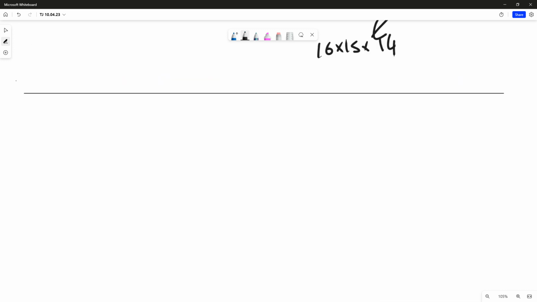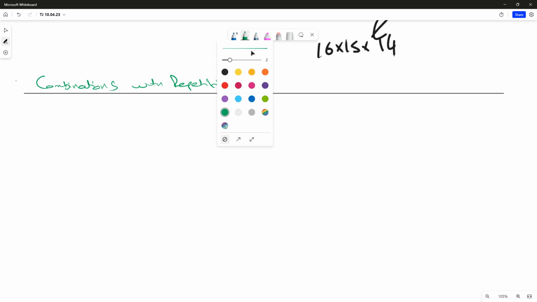All right, so now we're moving into the next thing, which is combinations. Let's have a look at combinations. In this one, order does not matter.